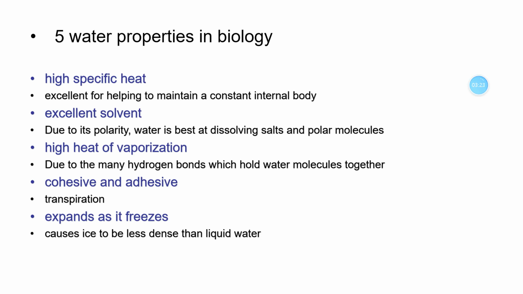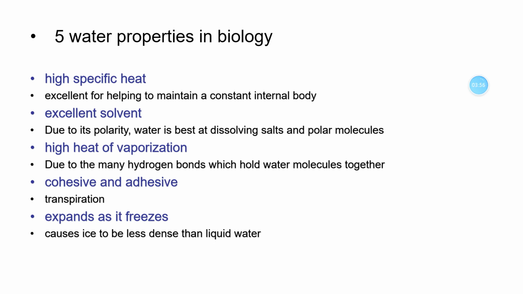So in biology, there are 5 properties of water, and we need to remember them. The first one is the high specific heat. It refers to the amount of heat needed to change the temperature of 1 gram of a substance by 1 degree centigrade. Water's specific heat is very high because of the hydrogen bonds that hold the water molecules together.